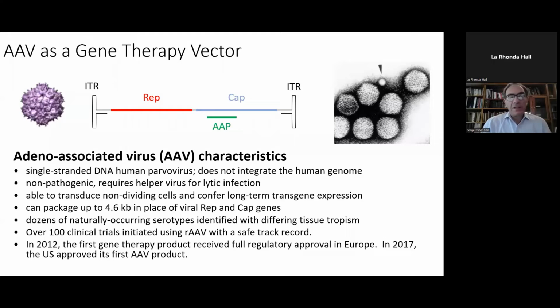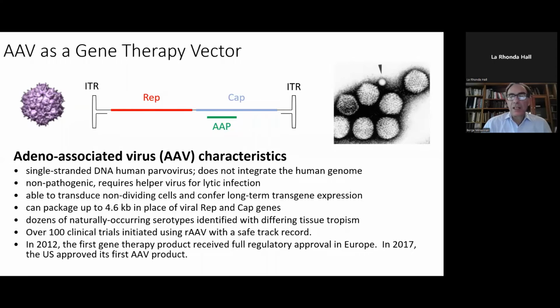So what is the vector that we use to replace a missing gene? It is a virus called adeno-associated virus. If you look at the top right of the picture, you see the great big adenovirus particles, and the arrowhead is pointing to an adeno-associated virus, the AAV virus that we use.